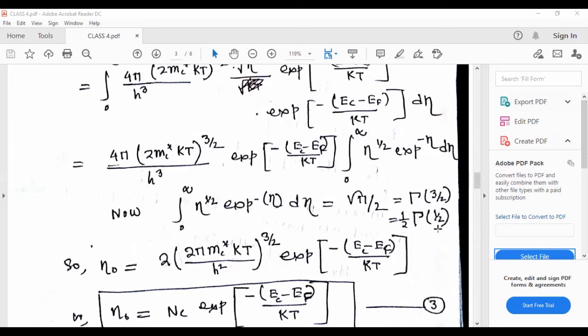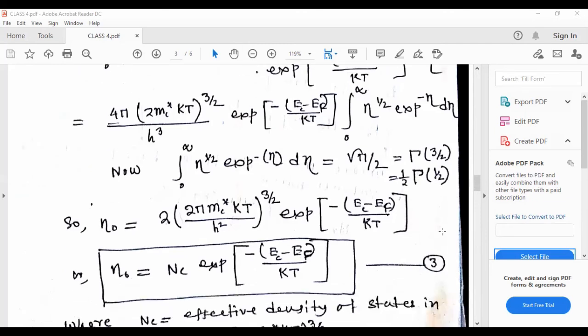So half gamma half means root pi by 2. If you know the formula, then there will be no problem understanding this. If you don't know, please do a Google search. You can find this formula of the gamma function there.